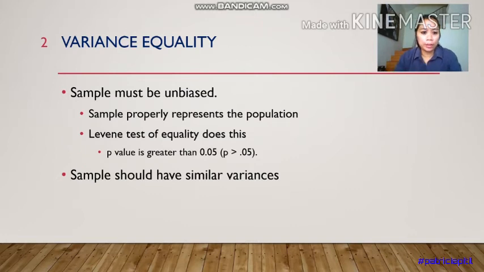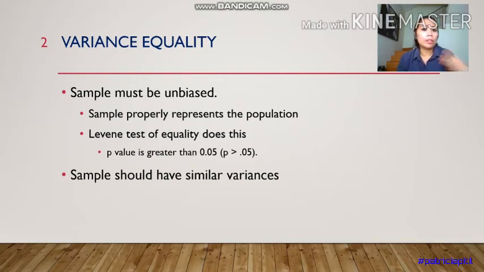Second, the variance equality. The sample must be unbiased because it must represent a population. For example, you should be selecting participants from university students. However, when the data does not represent the population, for example, some of them are university students and some of them are school children, when you analyze later on, the variance will not be equal because they will respond differently.